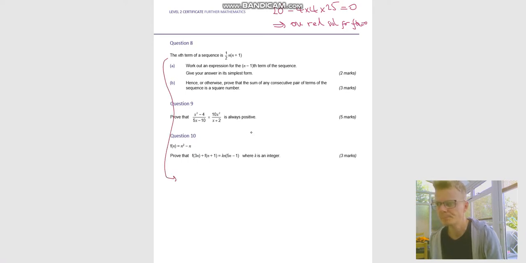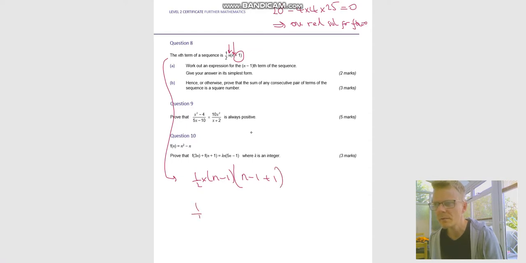So let's do that. For the n minus 1th term, we have a half times n minus 1 where we see n, and then n minus 1 where we see n again, plus 1, because there was a plus 1 there. I realise I'm doing that pointing thing again where it doesn't show up on your screen, apologies. So we've replaced this n with n minus 1 and this n with n minus 1.